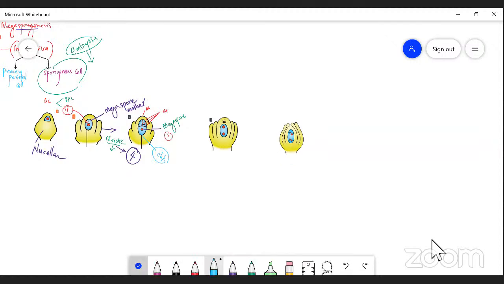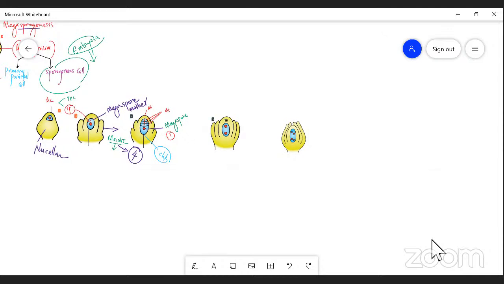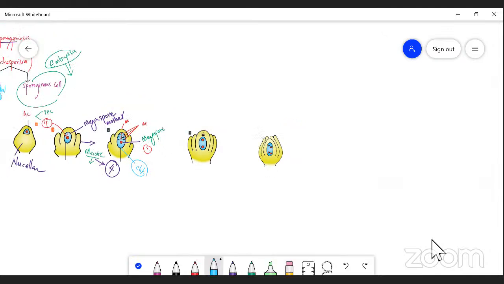Right, as I explained, among the 4 megaspores, only 1 megaspore is functional and further differentiates. One cell is formed in the micropylar region and another cell is developed in the chalazal region.